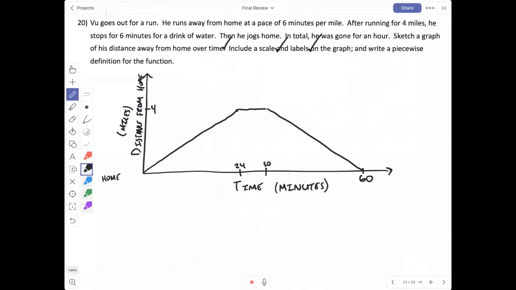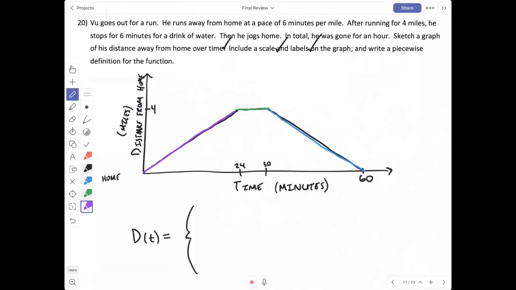Write a piecewise definition for the function. So I'm going to call this function distance away from home at time t. And it has 3 parts. Let's color code them. There's the purple part and the green part and the blue part. And we're going to start with the purple part. The slope here is a rise of 4 miles in 24 minutes.